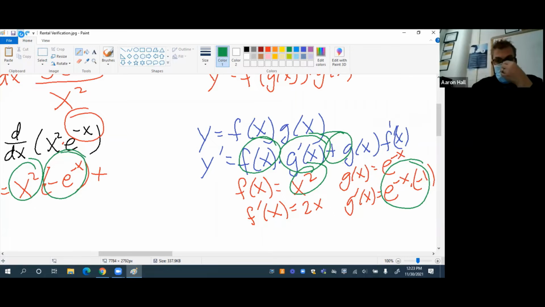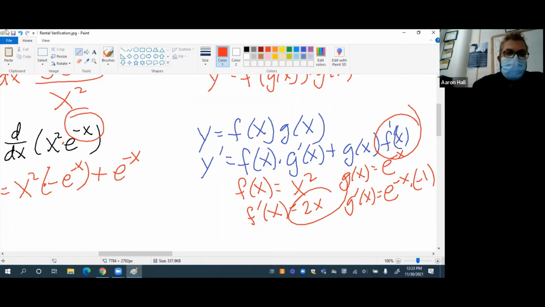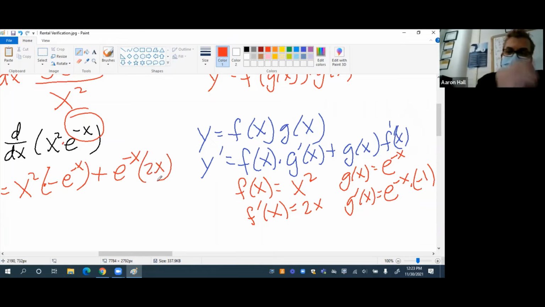The way we set it up, we can create a plug and chug if this is still confusing. And if this was a free response, stop there.